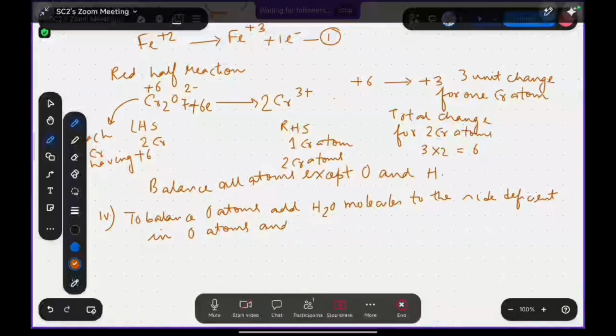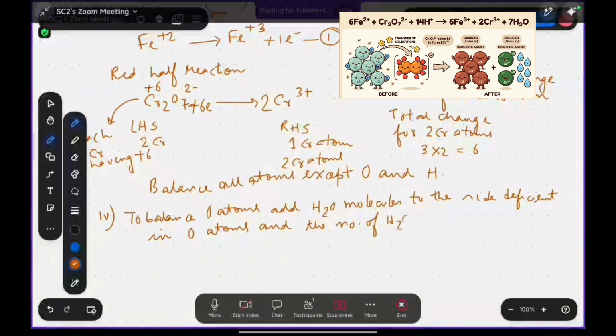And the number of water molecules to be added is equal to the number of deficiencies.